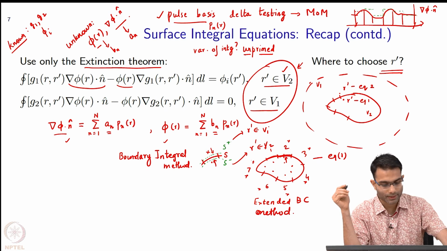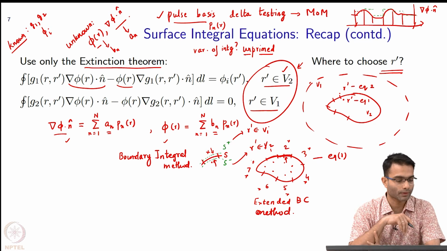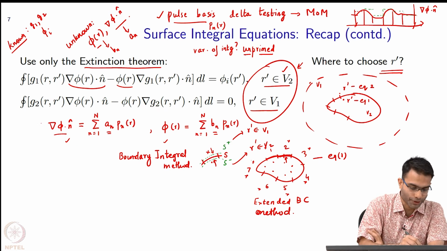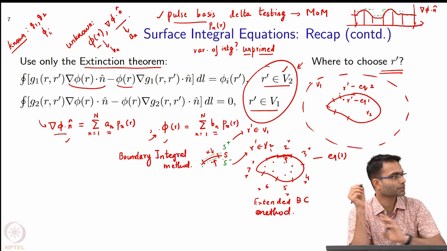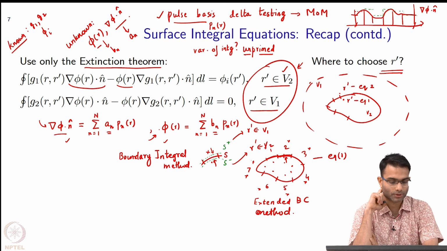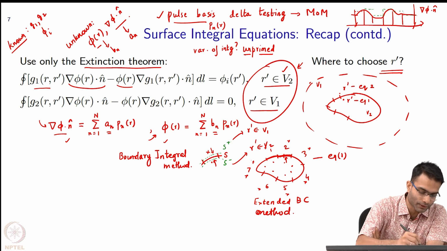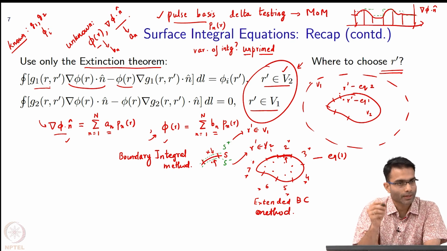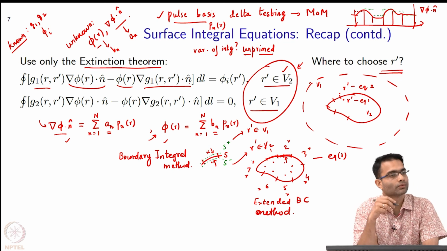What else is there in this equation to solve in the method of moments? I will substitute this guy and this guy, phi and grad phi dot n hat, into this equation, right. So, what kind of terms do I have to evaluate? I will have to evaluate the integral of g1 over some segment and the integral of grad g1 dot n hat.